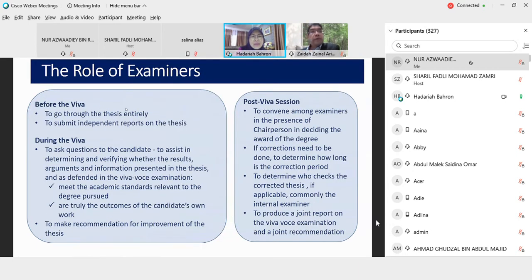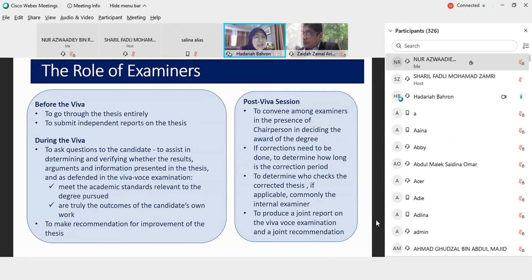Now, the role of examiners. Before the Viva, examiners have a very important role. They have to go through the thesis entirely and submit an independent report on the thesis.